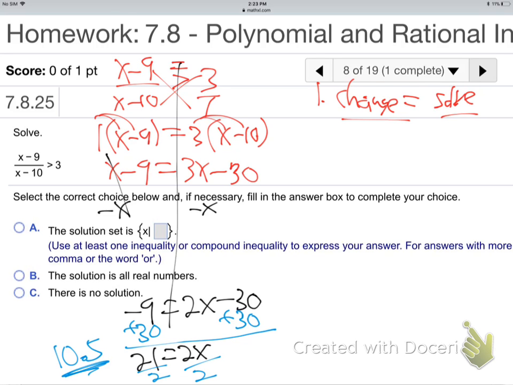So now go on to step 2. Denominator alone equals 0.